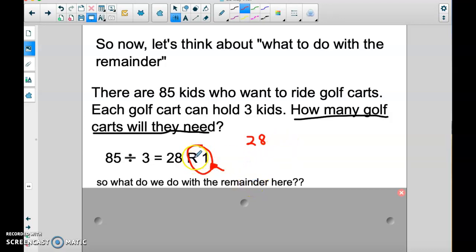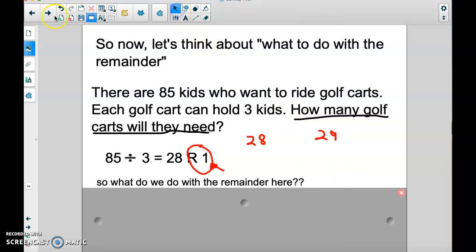So because of this, the answer has to be 29. We have to add on that one extra golf cart. Even though it's not going to be full, we have to have an extra golf cart so that all 85 kids can get a ride. Does that make sense? So that's one thing we have to keep in mind when we're using remainders.